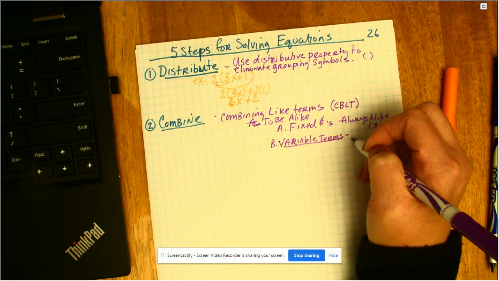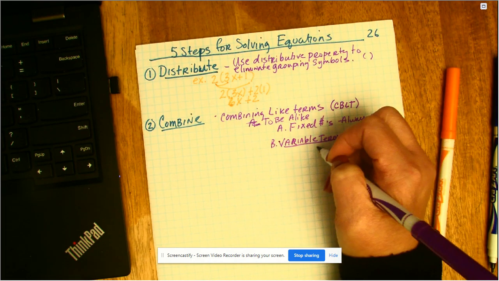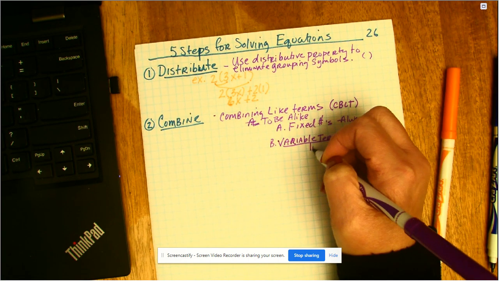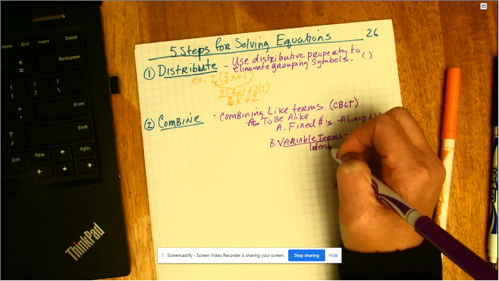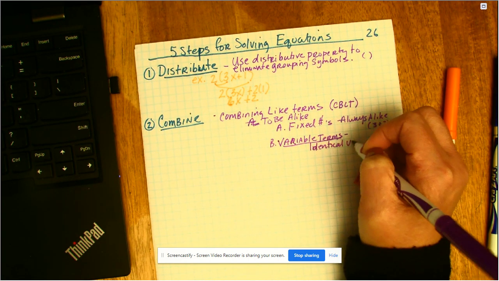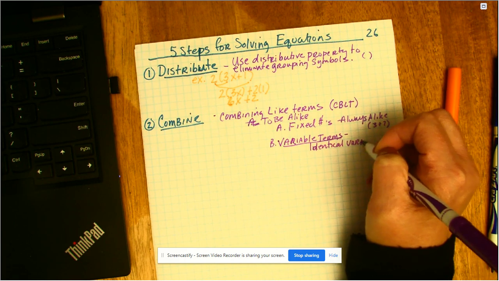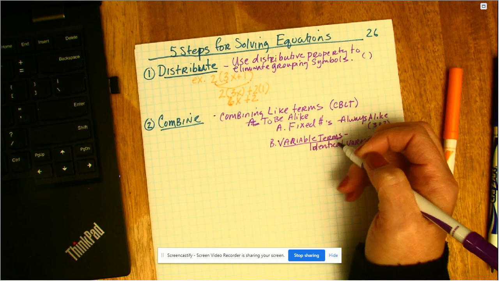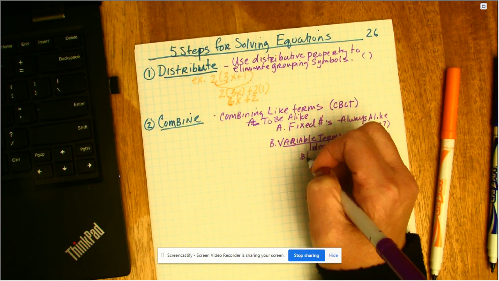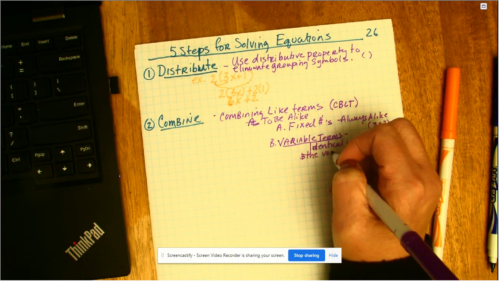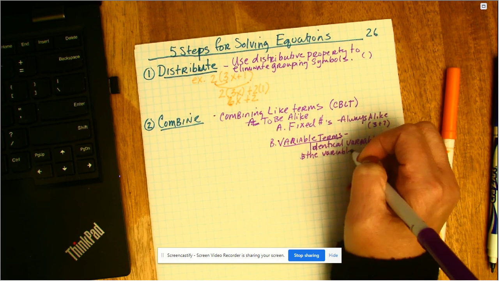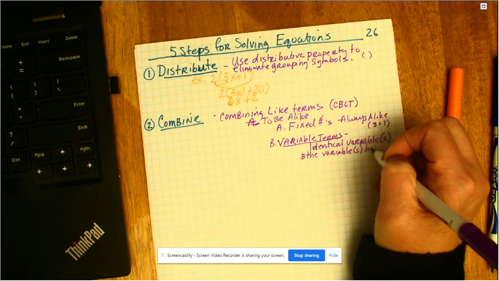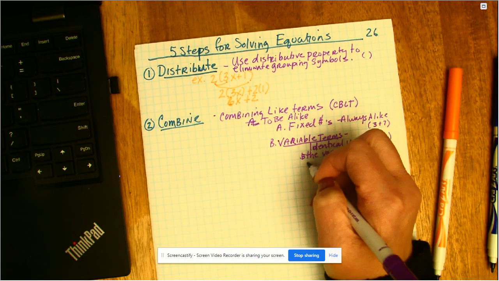In order to be alike, we need to have identical variable or variables, and the variable or variables have to have identical exponents.